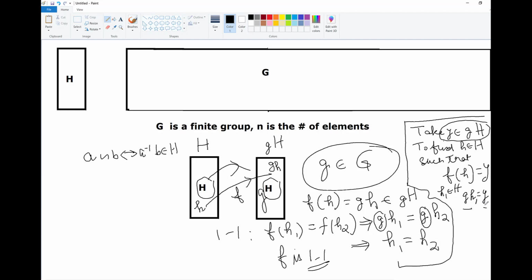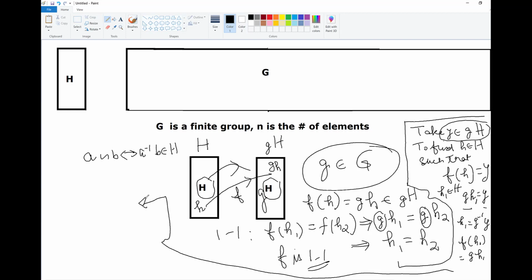All right. So what happens here is this then, that if you multiply both the sides by g inverse, then h1 will be g inverse y, right? Now notice this, that if we take f of h1, then what will that be? That will be gh1. So, I'm sorry, I'm all over here.